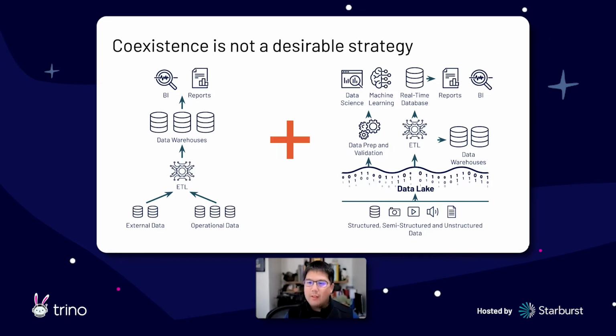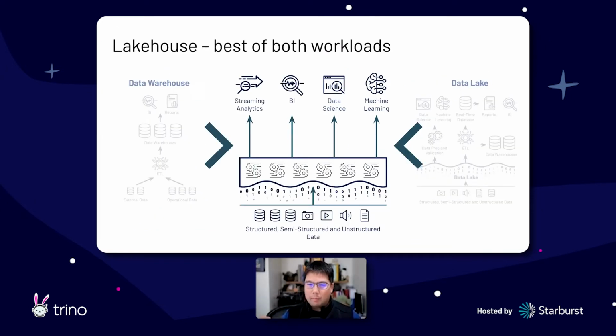And so this is the reason why we really want to bring this concept of a lakehouse, best of both worlds. It gives you the flexibility of a data lake here on the right side, right-hand arrow, in which you can store structured, semi-structured and unstructured data and work with it and deal with multiple paradigms like data science, machine learning, real-time databases.